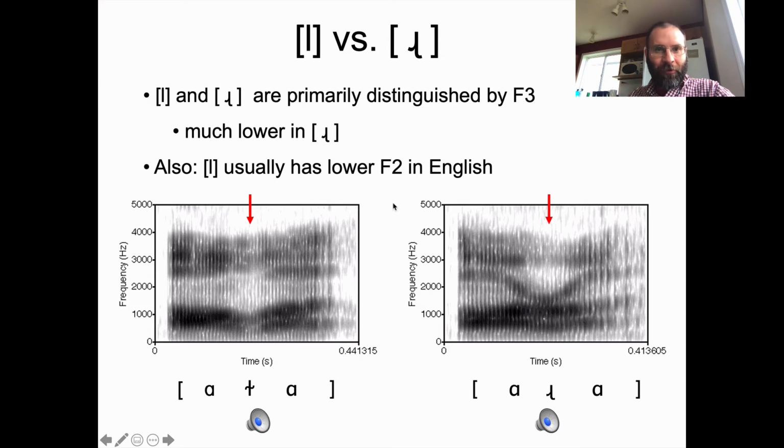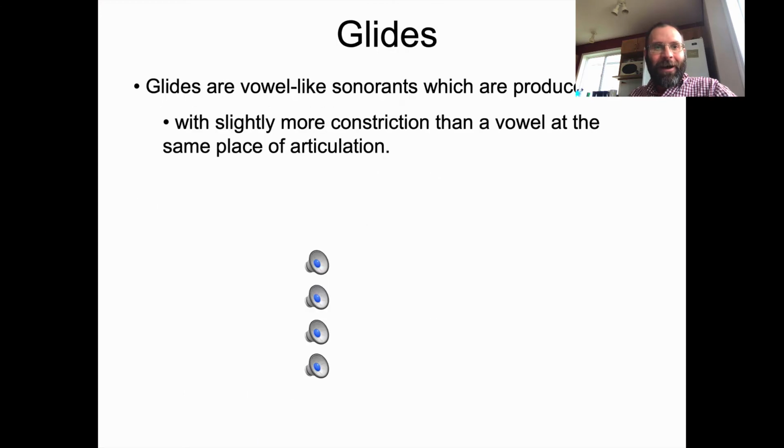So it's a bit of a mystery why the liquids form a natural class like that, but they do. I'll leave that up to further research that you might want to do in order to figure out exactly why. Okay, so that's all I'm going to say about laterals.